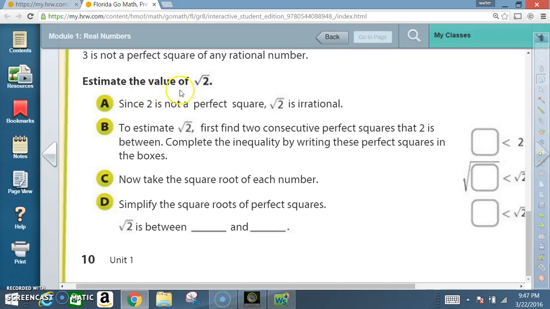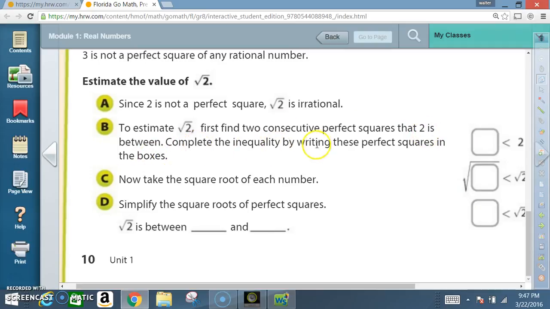Estimate the value of the square root of 2. A. Since 2 is not a perfect square, the square root of 2 is irrational. B. To estimate the square root of 2, first find two consecutive perfect squares that 2 is between.